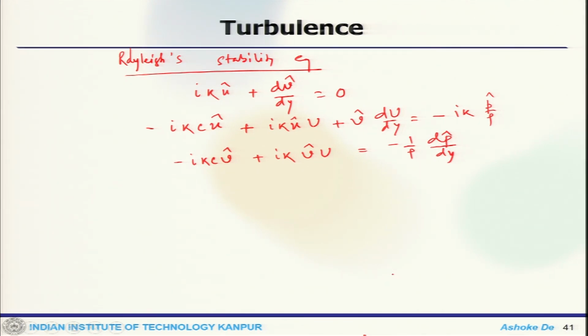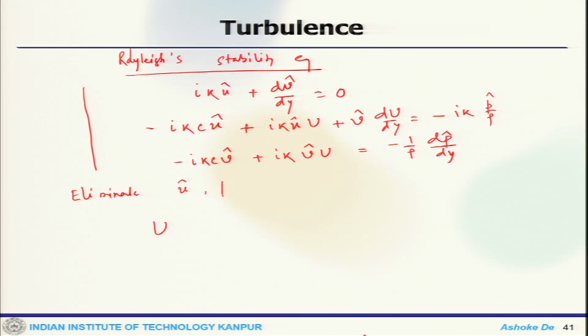Now, from this set of equations, what can we do? We can eliminate u hat from the first equation and p hat from the second and third equations. So, what you get?